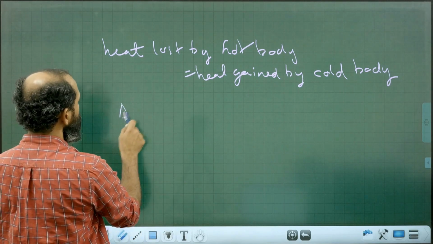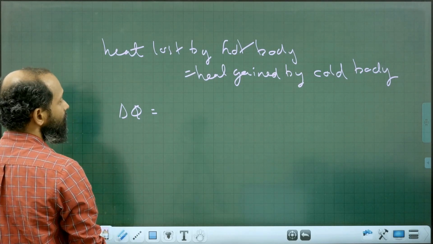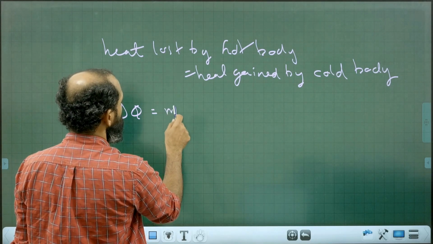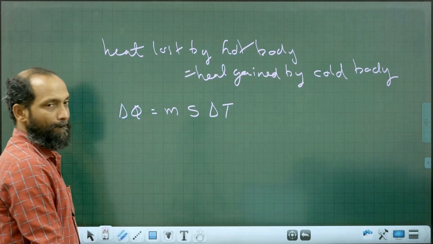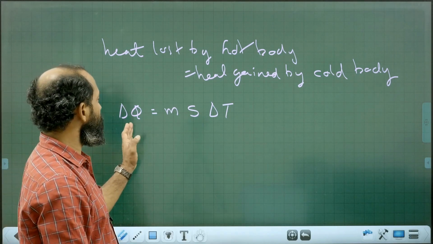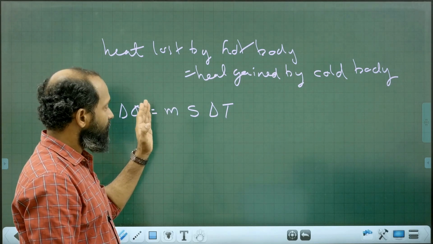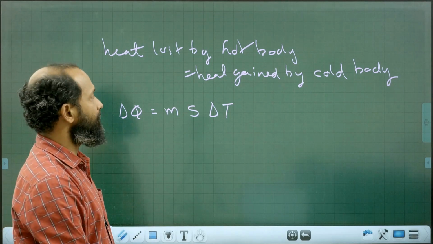One is the amount of heat energy required to change temperature without any change in state. That is mass into specific heat capacity into delta T. The amount of heat energy required to change the temperature without changing the state is m s delta T, where s is the specific heat capacity.